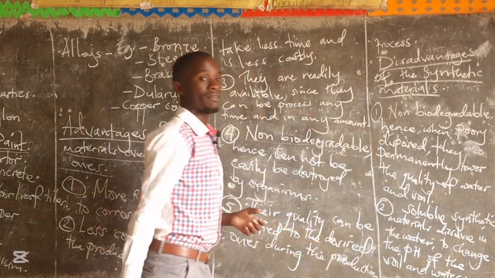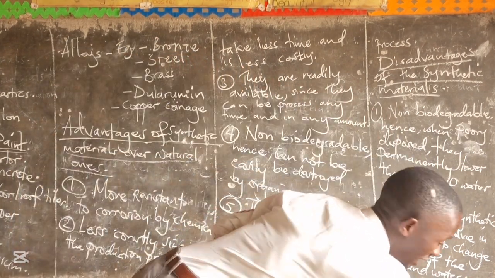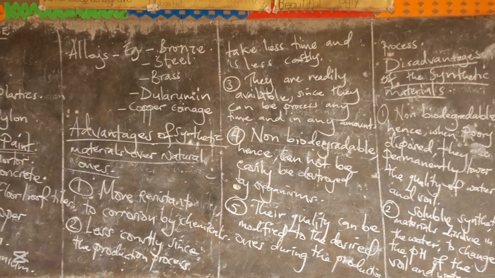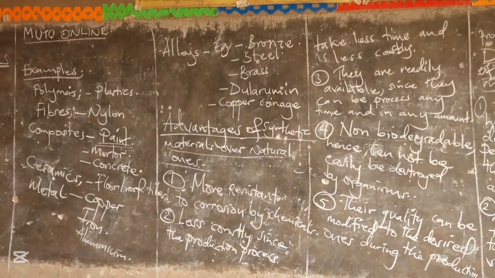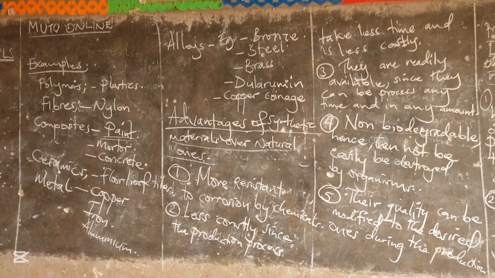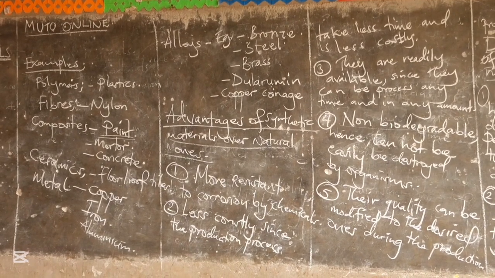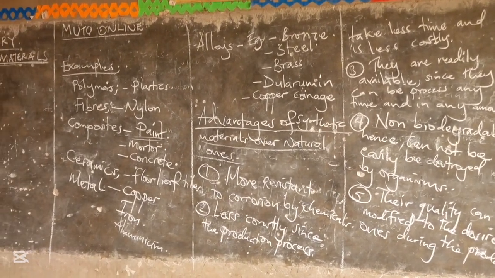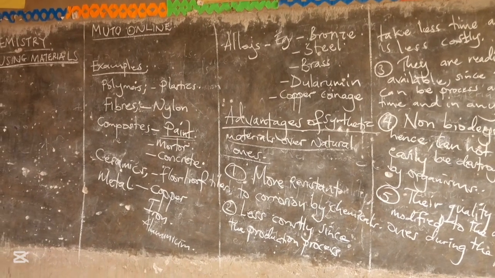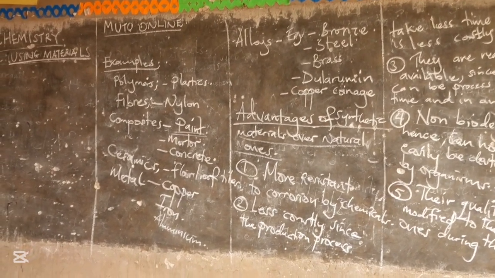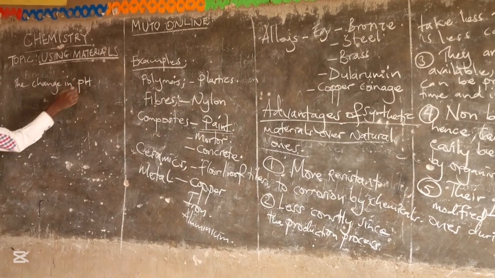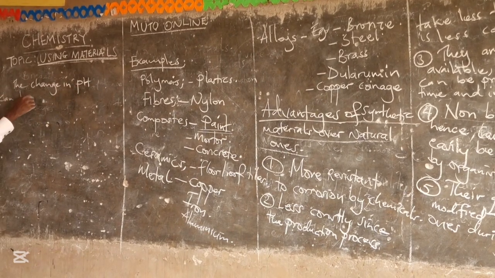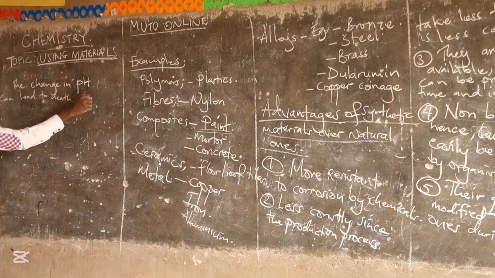This is a very big disadvantage that it leads to death of a number of these organisms that survive in those two habitats. So the change in pH can lead to death of organisms.